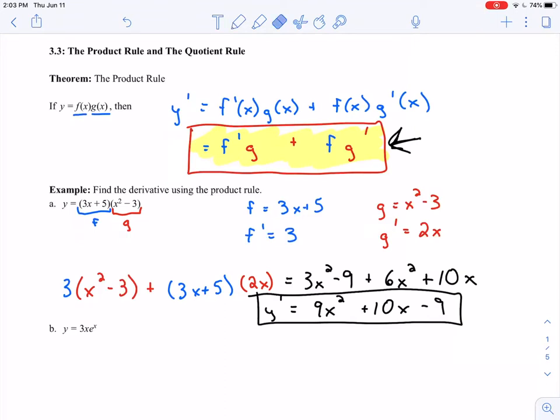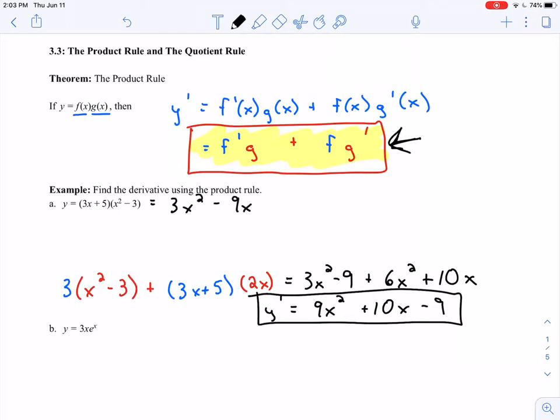So just to show that I will in fact get the same thing, let me erase this. I'm going to show that even if I were to FOIL this out, I'd have 3x cubed minus 9x plus 5x squared minus 15.